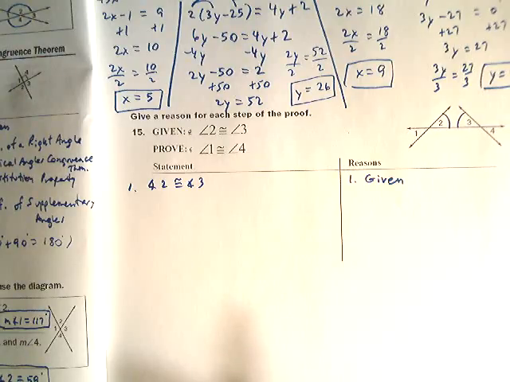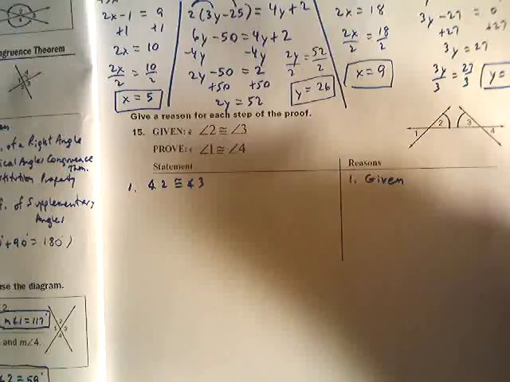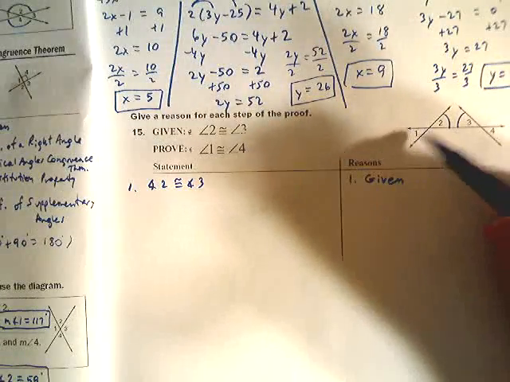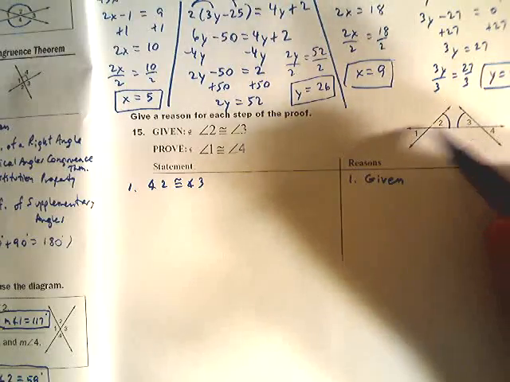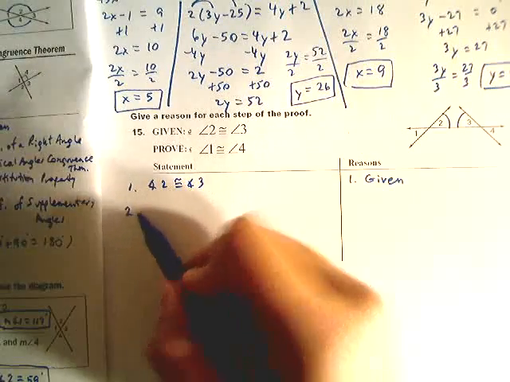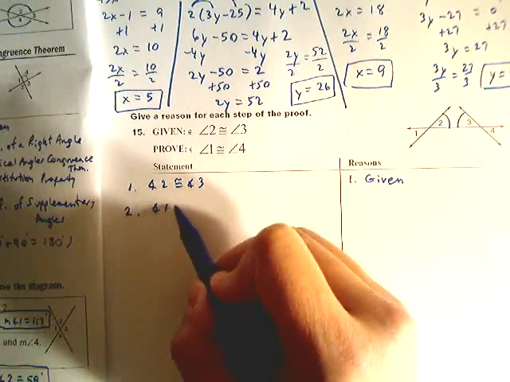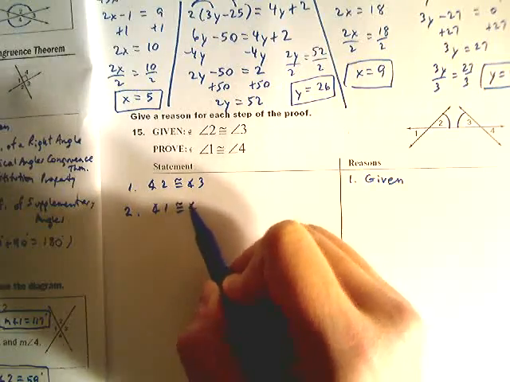Now, is there anything else that I know? Well, I know that angles 1 and 2 must be congruent because they are a vertical pair. Angle 1 is congruent to angle 2.